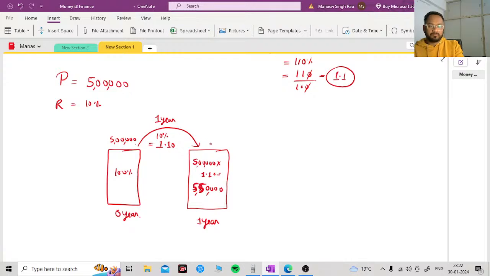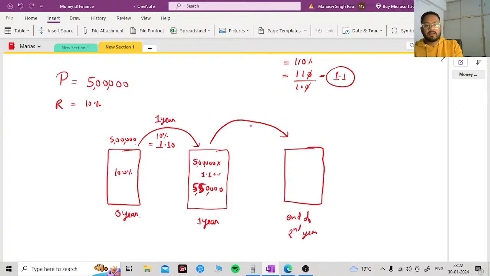Now if he pays this money at the end of the second year, what amount does he need to pay the bank? Again the rate of interest is 10%, and the amount after 1 year is 5,50,000.